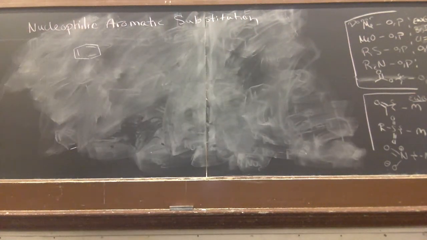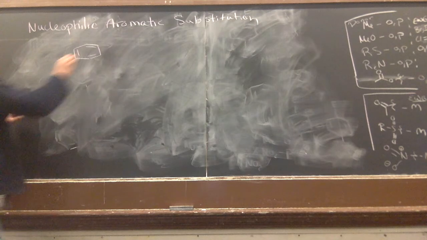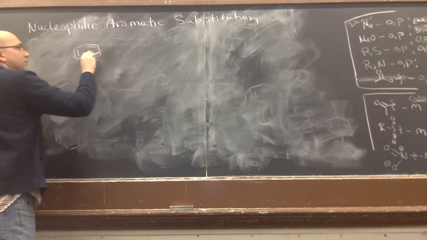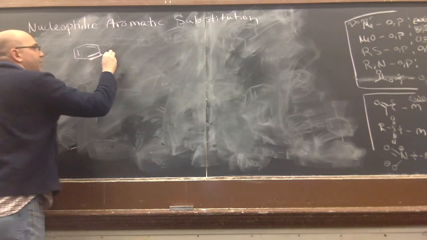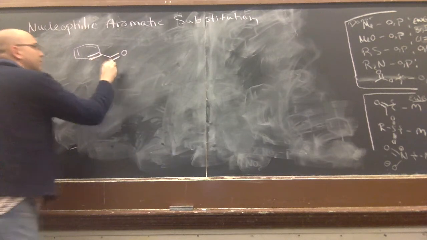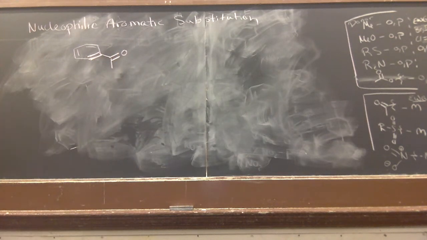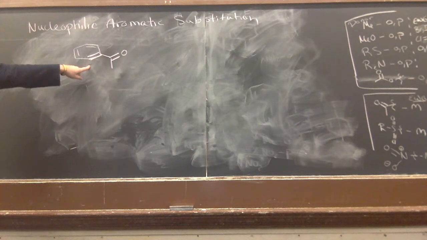So say, for example, that alkene had, say, the methyl group on there. You can now see that built within this system is that sort of enoate.